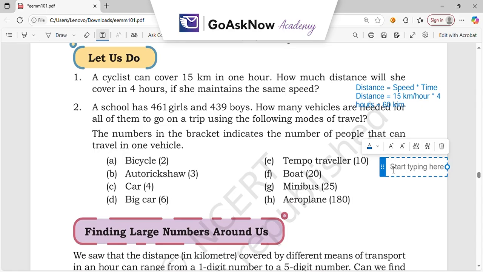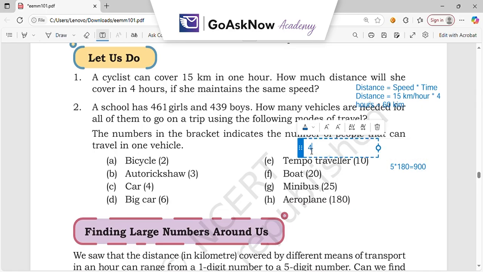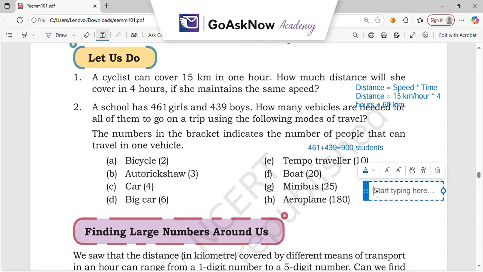Okay, let us calculate. 5 aeroplanes equal 5 into 180 equals 900. Let us calculate our total boys and girls: 461 plus 439 equals 900 students. That means 5 aeroplanes are required for the travel.